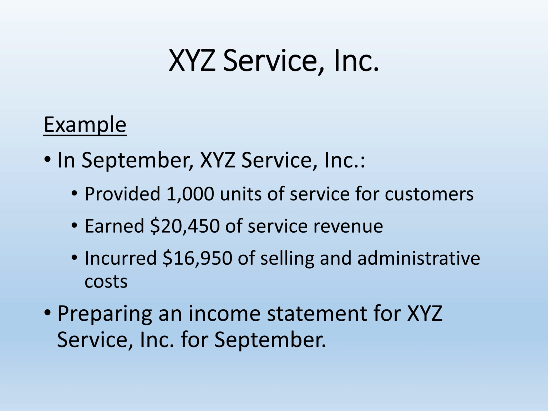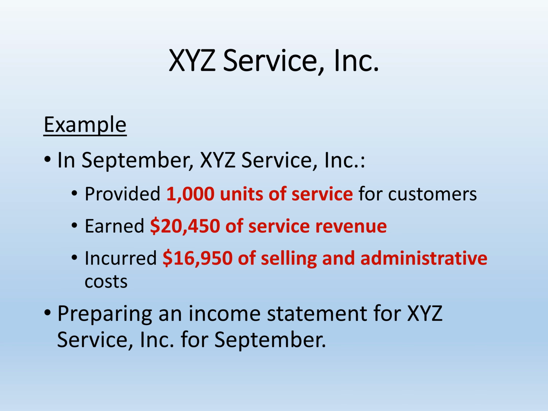Let's look at an example. In September, we're told that XYZ Company provided 1,000 units of service to its customers. And we're told how much service revenue the firm earned, and how much selling and administrative costs the firm incurred.